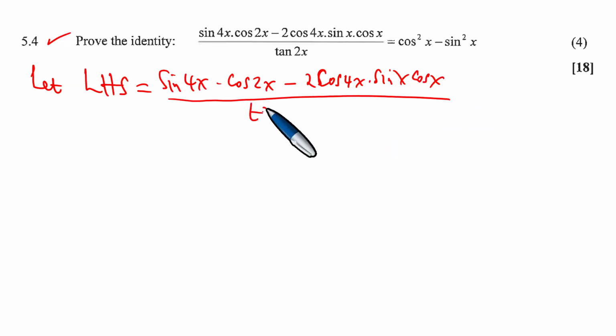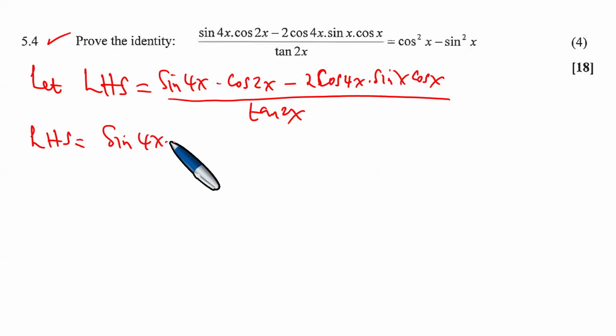And then you divide by the tangent of 2x. So what do we do next? Sine of 2 times 2x, right? Yeah, I agree with you. That is something we can do.